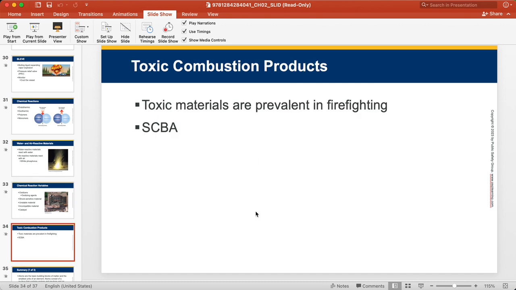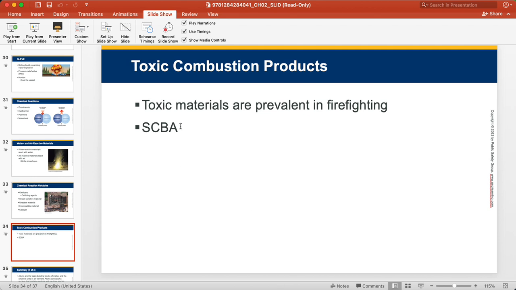So we'll go way deep into this in hazmat and your Firefighter 1 when you take your academy. There are also toxic materials that are produced during firefighting, for example hydrogen sulfide gas and cyanide. When you burn a house, you're going to get actual cyanide gas.